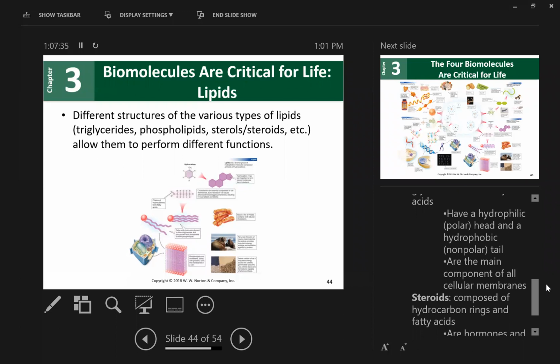If you look here at the bottom of this photo, you're going to see that red ball at the top. That's considered the head, and that's your hydrophilic. It likes the water part of the lipid. And then you have the inside purple tail, which is the hydrophobic end.